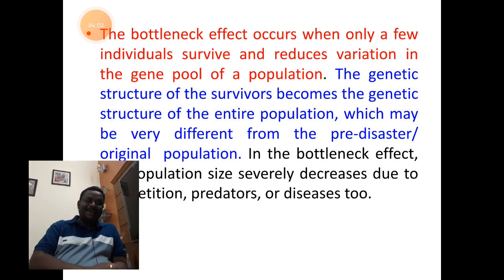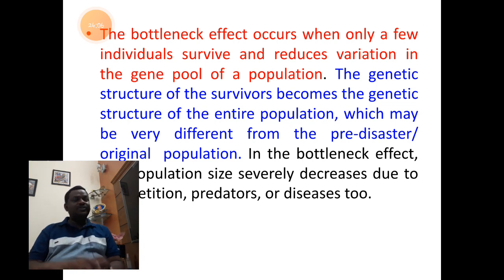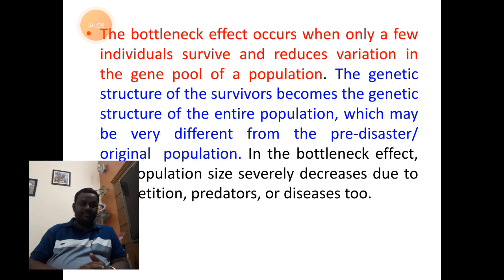So the bottleneck effect of genetic drift shows the genetic structure of the surviving population common for the entire new population in later generations.